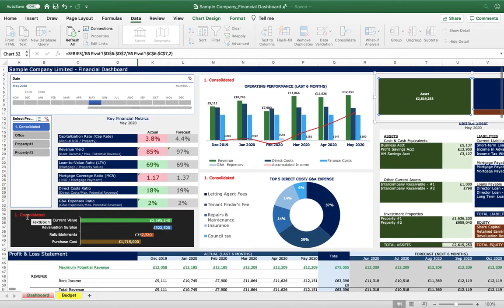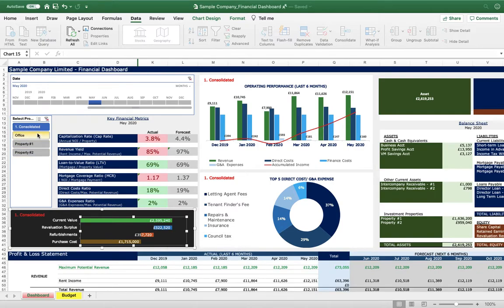Similarly, over here on the bottom left of the main dashboard is our assessment of how much we've spent on property purchase prices, then how much we've spent overall on refurbishment costs, and then on top of that, what is the profit we've made through uplifted capital value, through revaluations, or even through sales might be at that point. So we can see how much of our asset value has been created as profit.